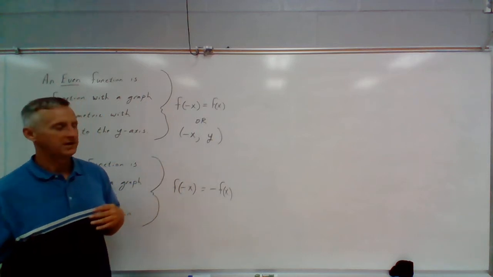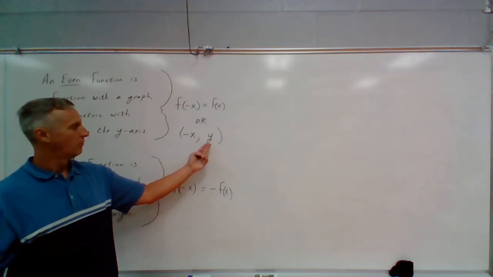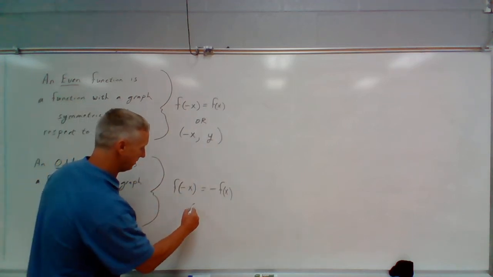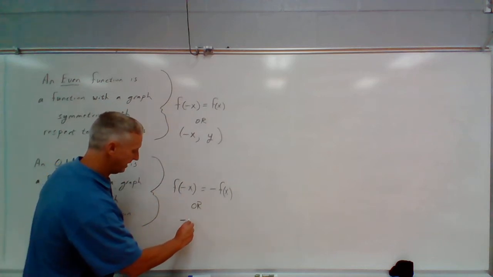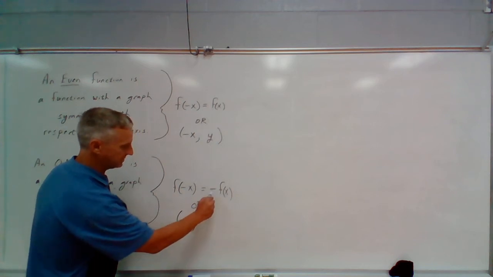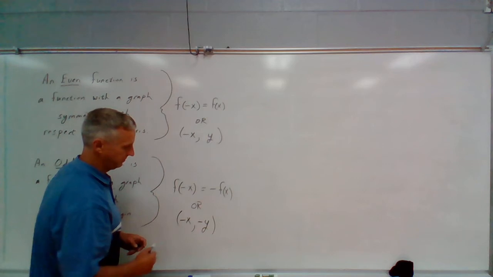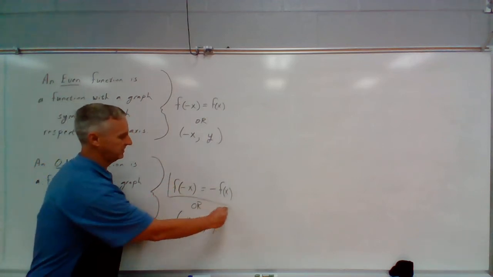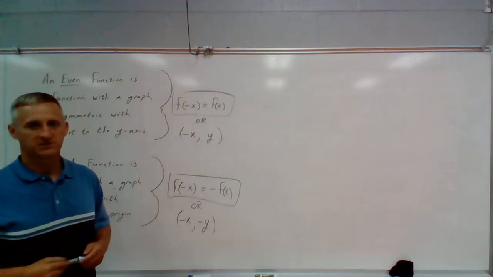So if (x, y) is on the graph, then (negative x, y) has to be on the graph. Down here, if (x, y) is on the graph, and then I plug in negative x, I should get negative y. So when you're talking about function terminology, this is sometimes clearer when you're trying to prove if it's even or odd.